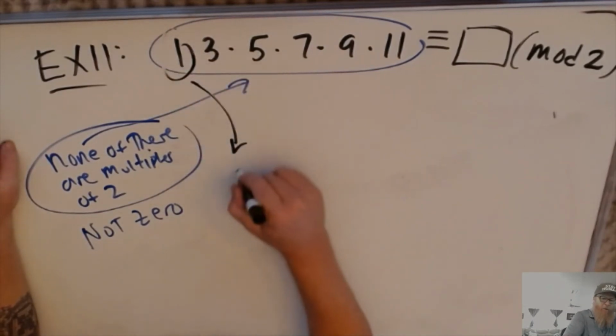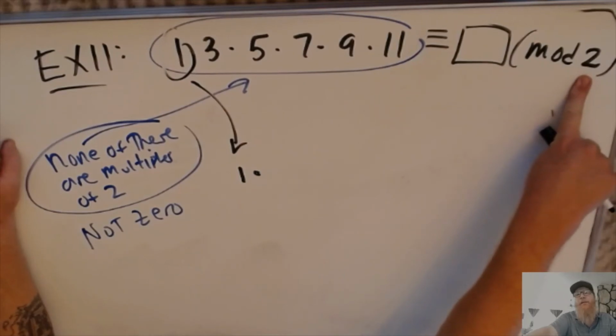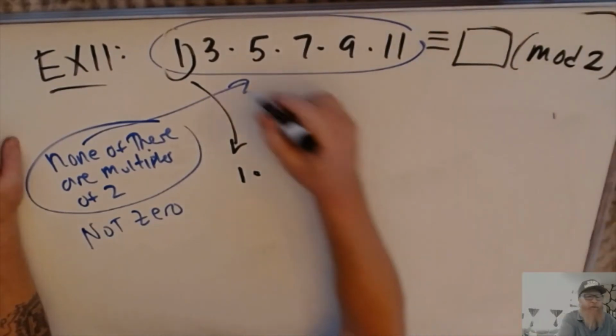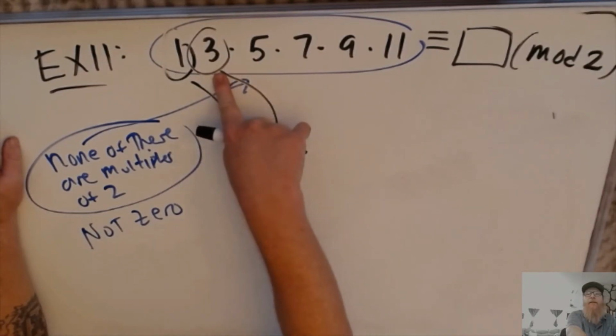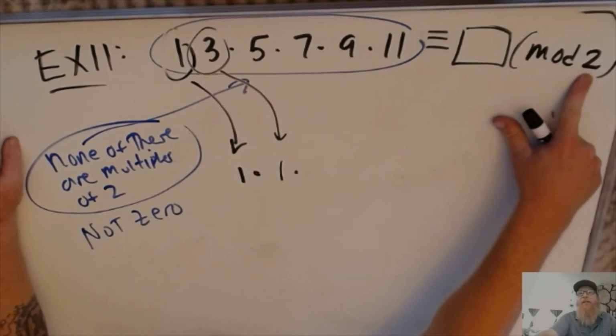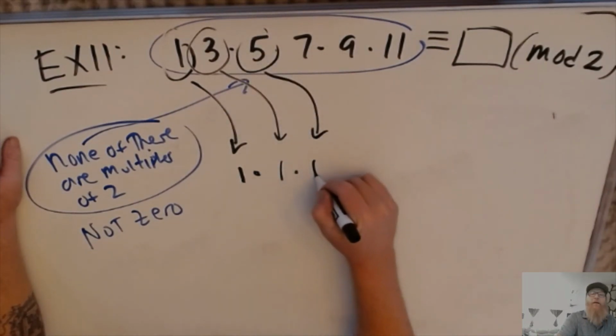All right, 1. 1 is just equal to 1. Anything smaller than the modulus is just equal to whatever it is. 3 is equal to 1. When you divide it by 2, the remainder is 1. 5 is equal to 1.